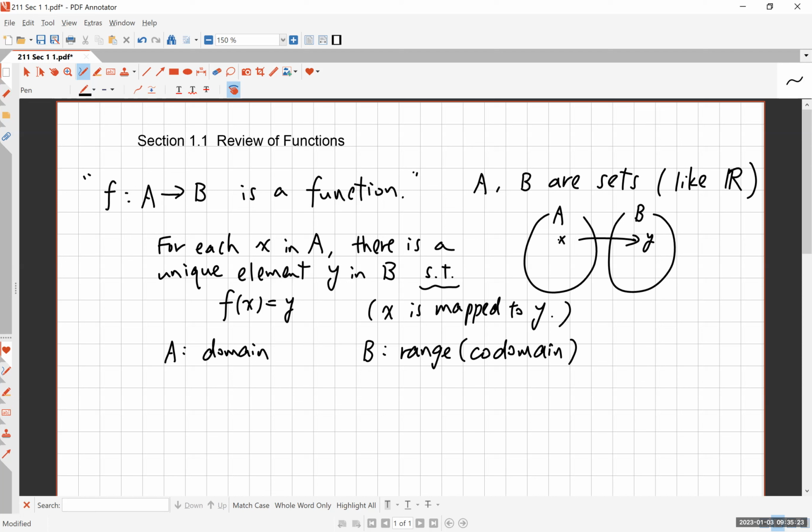So the elements x, the input values, come from the domain. The output, the result, comes from the set B, called the codomain. If you take all the images of every element of A, that particular set, which is a subset of B, is called the range. But anyway, I will not worry too much about this.